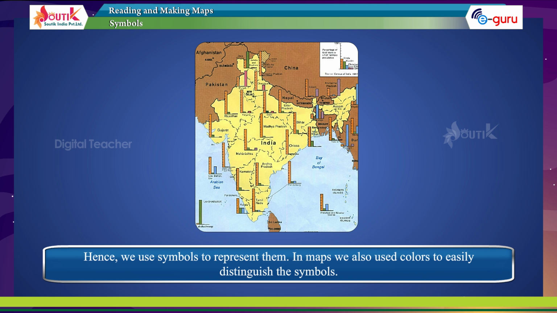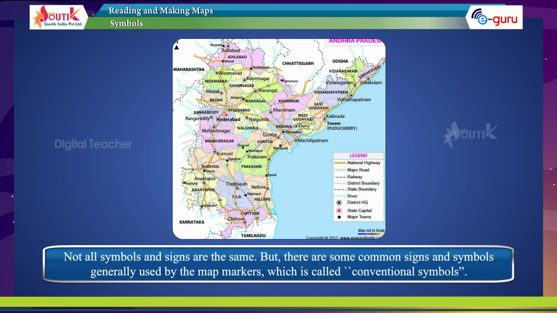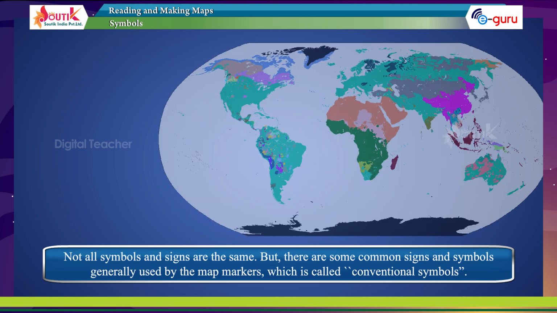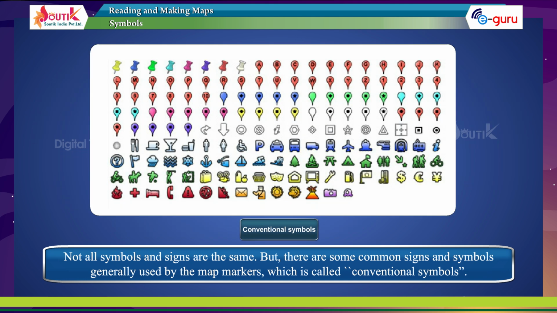In maps, we also use colors to easily distinguish the symbols. Not all symbols and signs are the same, but there are some common signs and symbols generally used by the map makers, which are called conventional symbols.